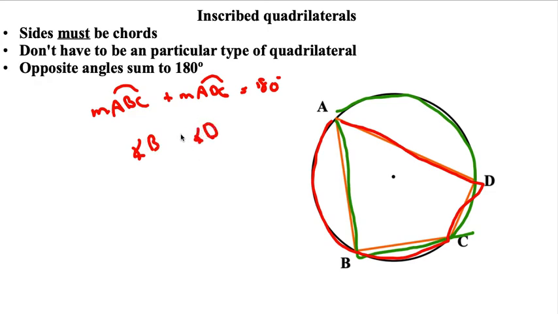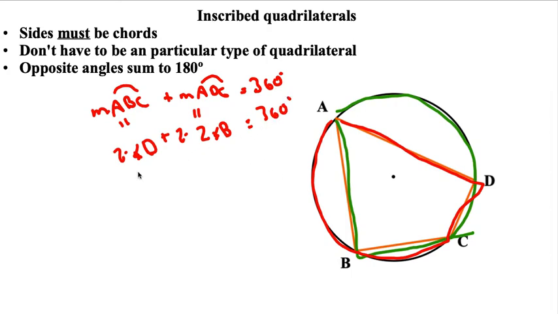We know that the measure of arc ABC is 2 times angle D, and the measure of arc ADC is 2 times angle B. Adding them together, sorry, this should say 360, not 180. 360.